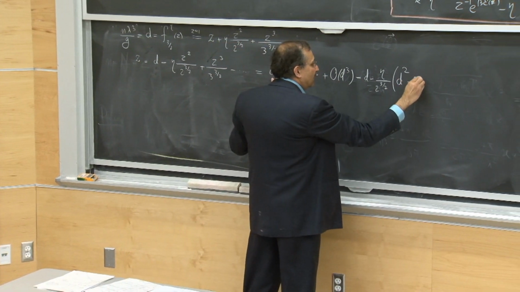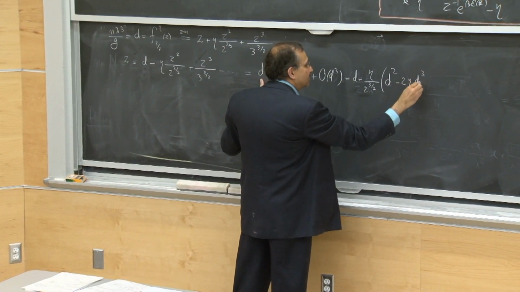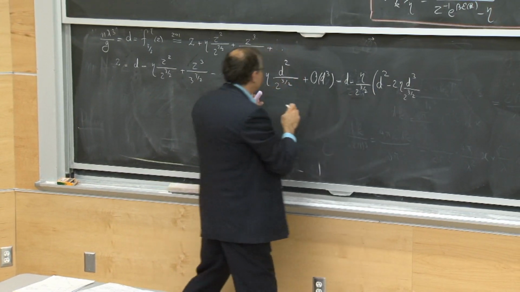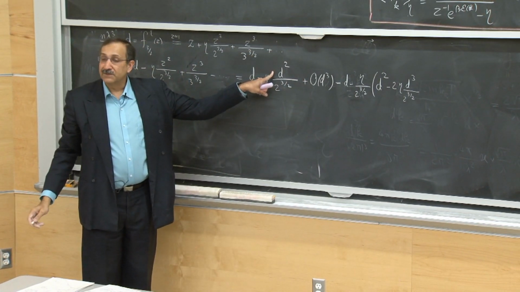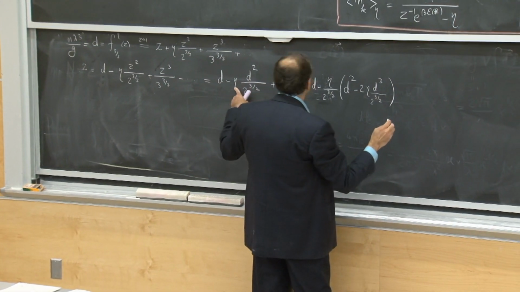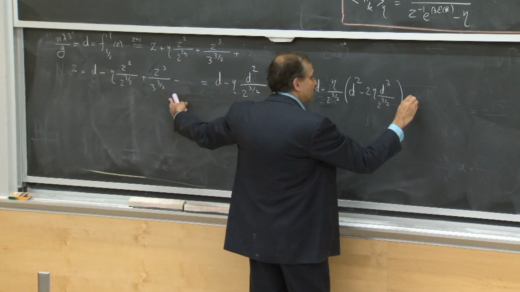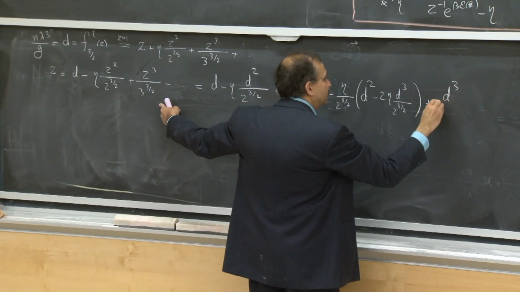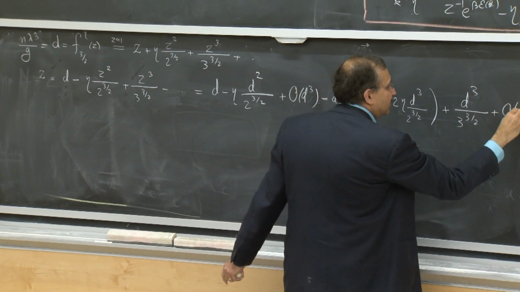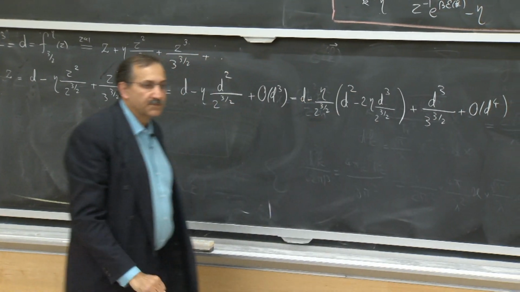So I have twice eta d cubed over 2 to the 3 halves, and then square of this term, but that's order of d to the 4th. I don't care for that. And then I have from here plus d cubed over 3 to the 3 halves, ignoring terms that are order of d to the 4th.